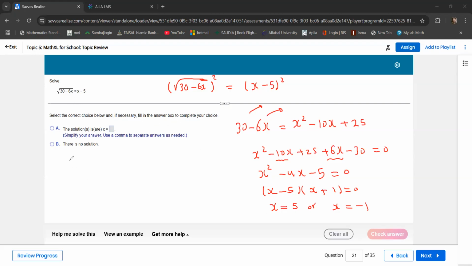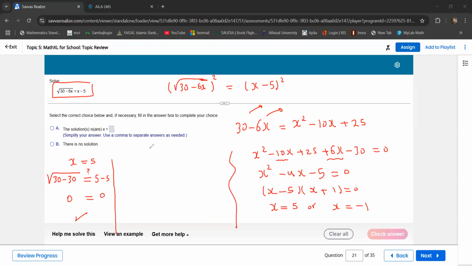So let's check for x equal to 5 in the original equation. So I'm going to say square root of 30 minus 6 times 5, 30, question mark, is it equal to 5 minus 5? Actually, this one works, as here it will be 0 is equal to 0.